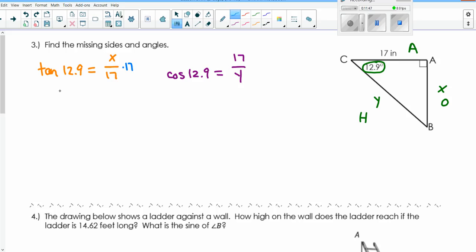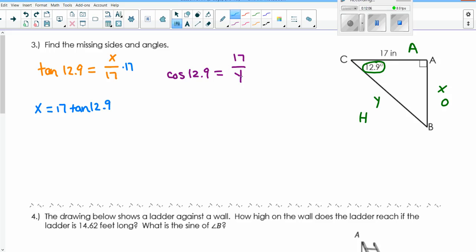You can also put this over 1 and cross multiply. Okay, when I multiply by 17, I get that X equals 17 times tangent of 12.9, and then that's what I'll put in my calculator.